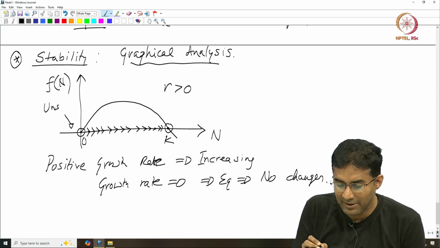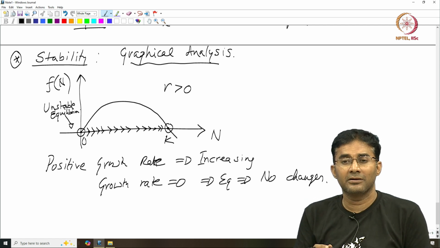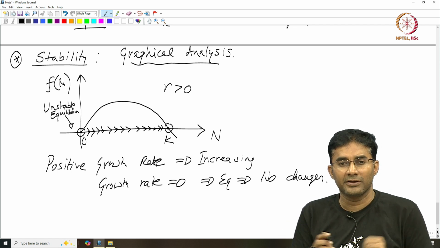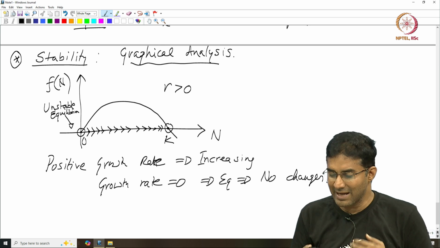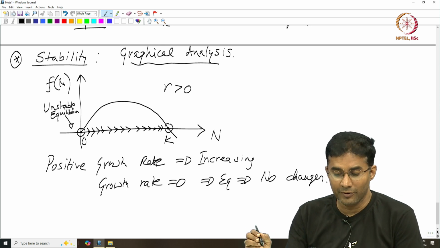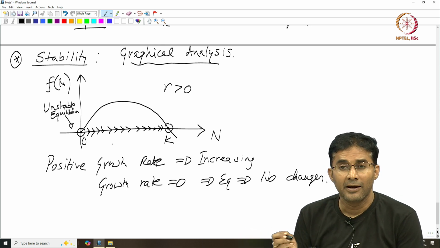It is unstable because when I introduced some individuals into an extinct population, that population kept on growing. So, this analysis shows us that n equal to 0 is an unstable equilibrium.